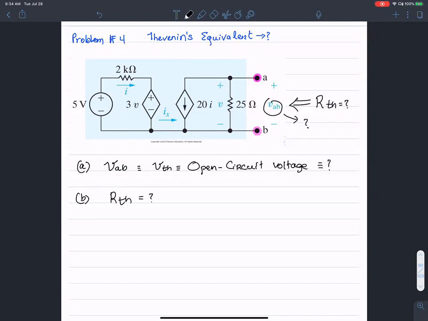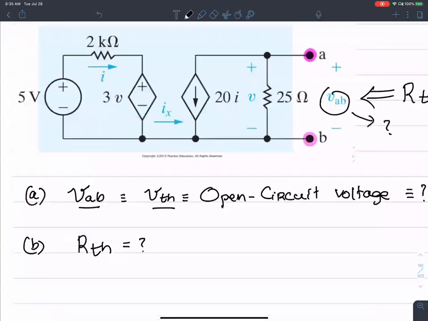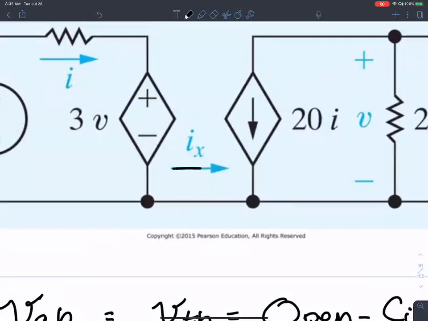So let's start by finding, observing that VAB equals to VTH. Now the current flowing IX is 0. The current flowing in here, IX is 0.